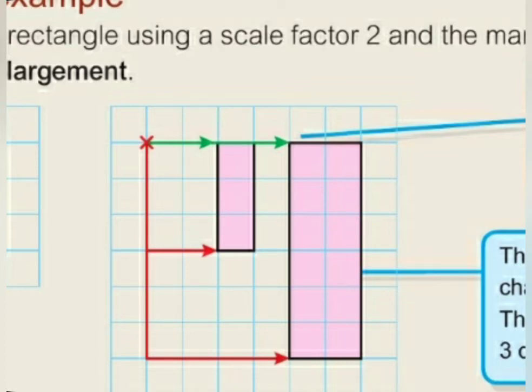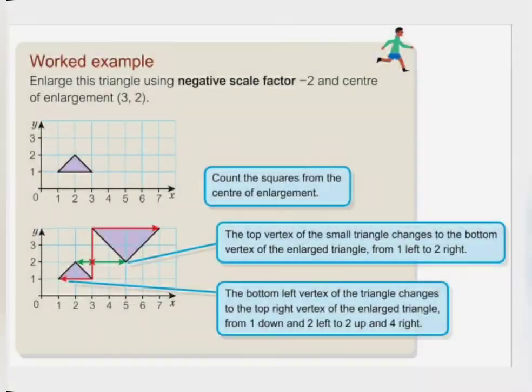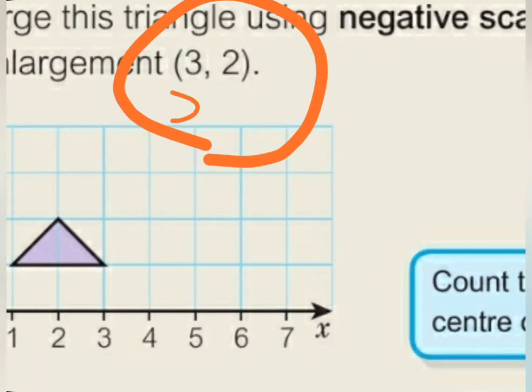Now let me show you what a negative scale factor does to the shape and the image. In this worked example, we have a negative scale factor, which is -2. The worked example says, enlarge this triangle using negative scale factor -2 and center of enlargement (3, 2), in which 3 is x and 2 is y.